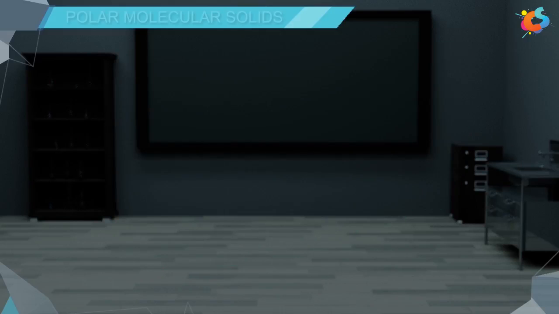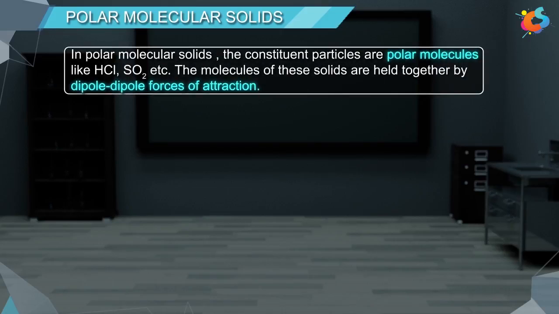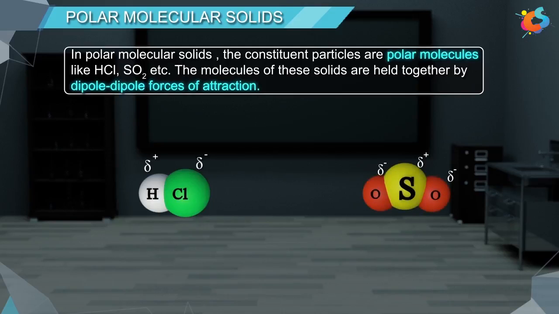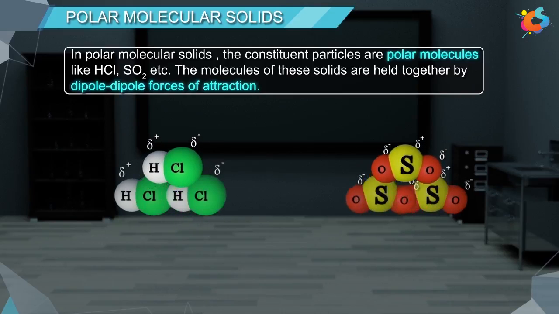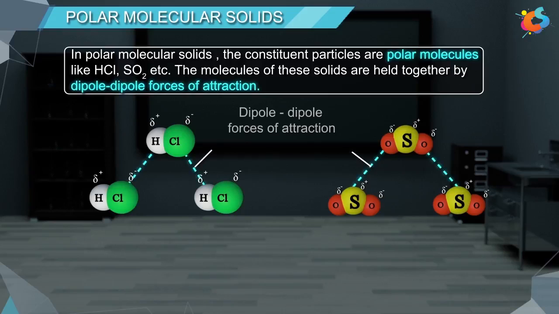Let us study about polar molecular solids. In polar molecular solids, the constituent particles are polar molecules like HCl, SO2, etc. The molecules of these solids are held together by dipole-dipole forces of attraction.